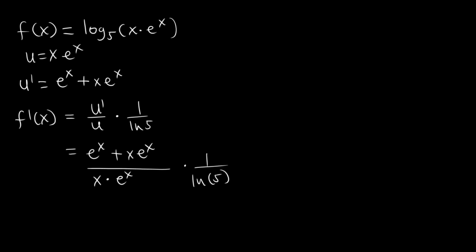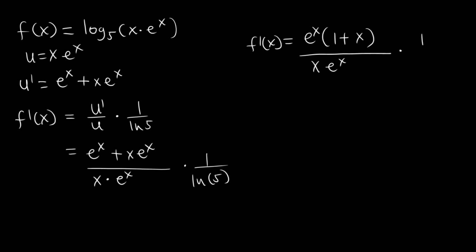So I'm going to have f prime of x equal to e to the power x into bracket 1 plus x, then all this divided by x multiplying e to the power x, multiplying 1 over ln of 5.